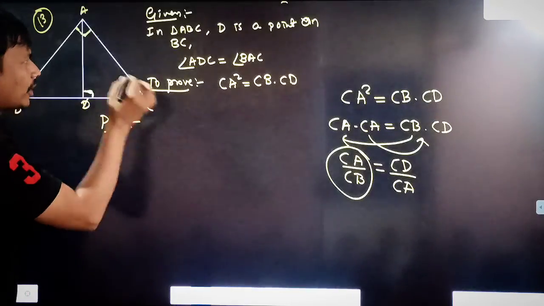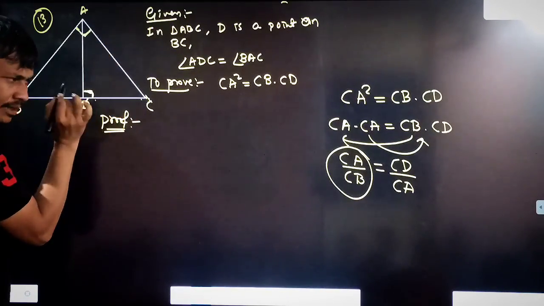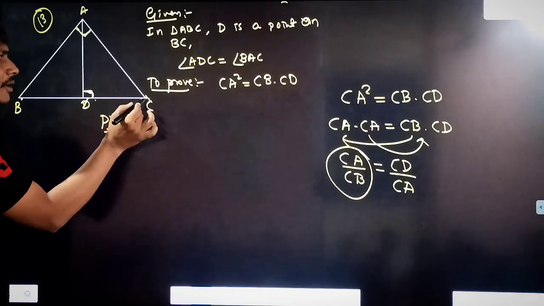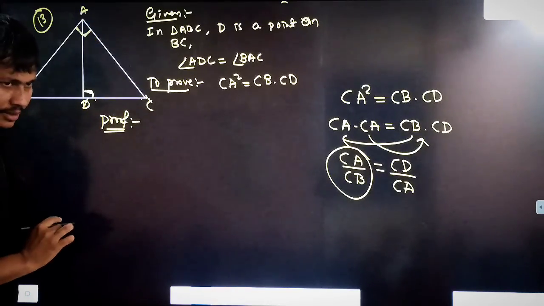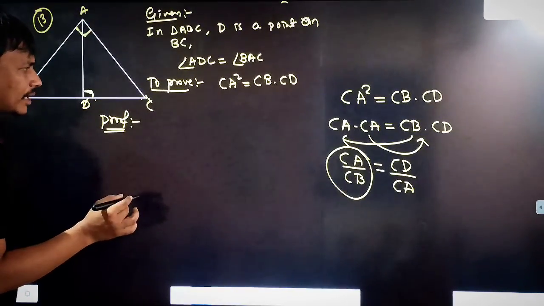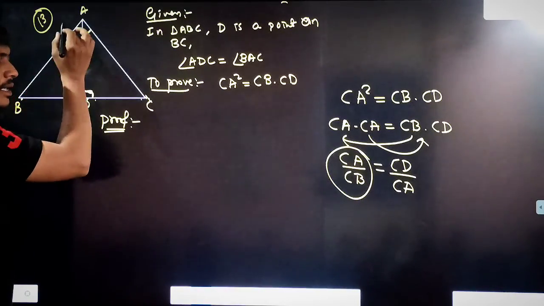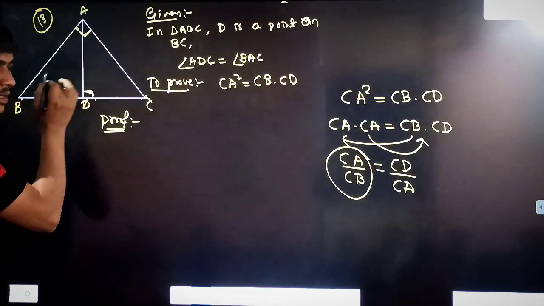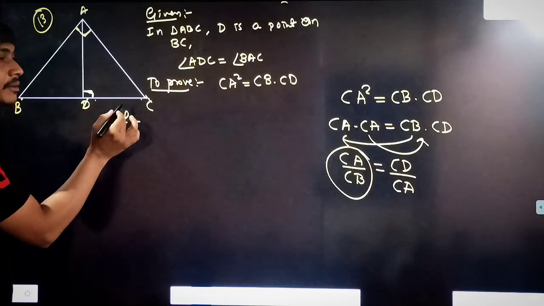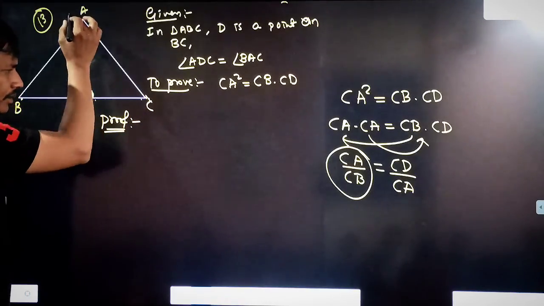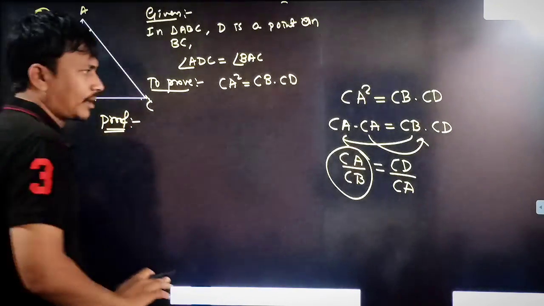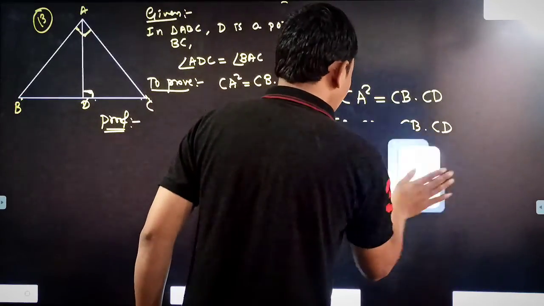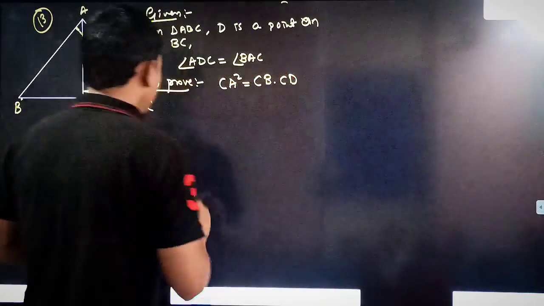Next, in the smaller triangle we need to take CD, and in the bigger triangle CA. So what are those triangles now? Triangle ABC and triangle ADC. Let us consider the two triangles ABC and ADC.